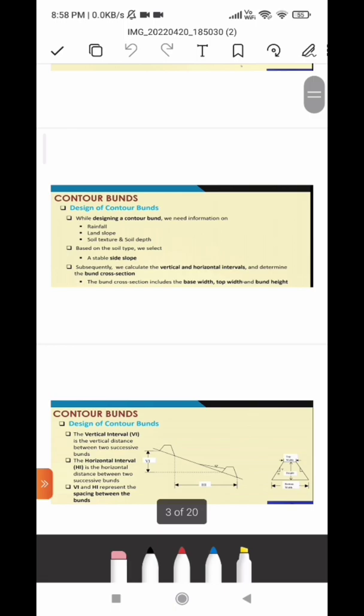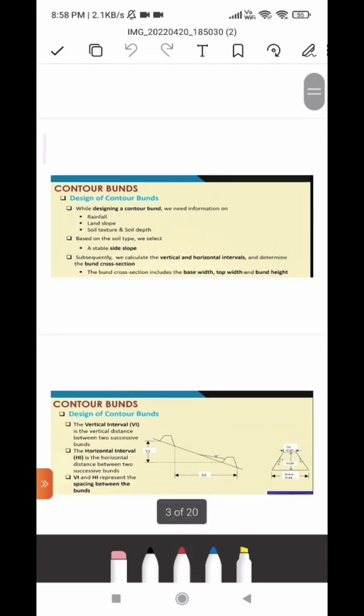So now we're going to talk about the design of contour bunds. While designing contour bunds, we need information on rainfall, slope, soil texture and soil depth. This is also based upon the soil type, as there are different soil textures: clay soil, sandy soil and loamy soil.